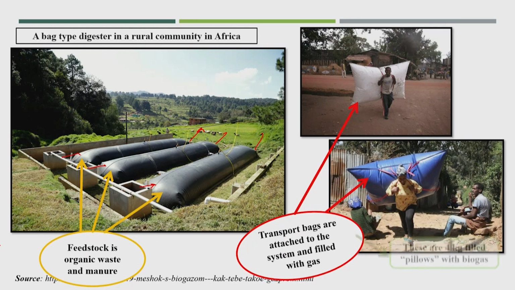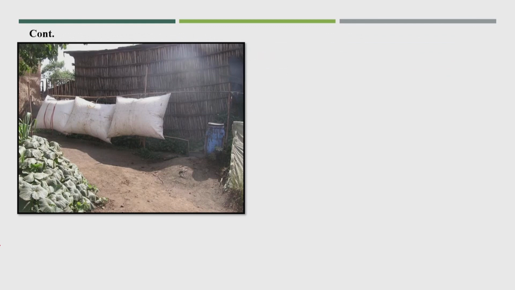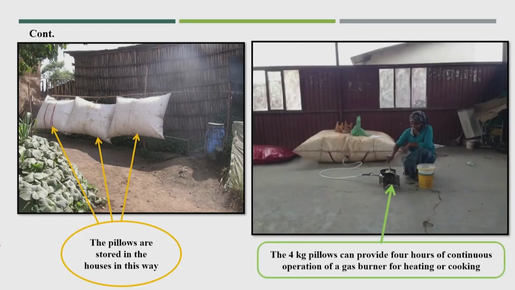These are 4 kg pillows filled with biogas, so anyone can easily transport them. You can also see here, these are the gas bags. These pillows are stored in the houses in this way.